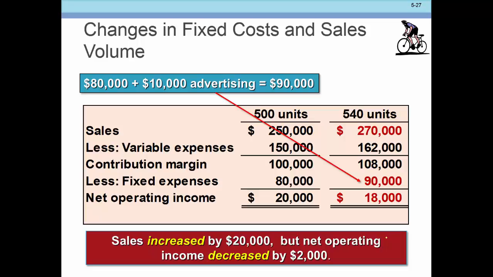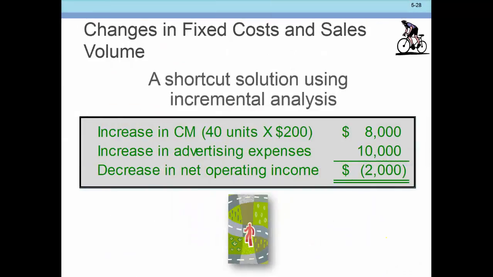Right? Now, you could do it this way, where you're saying, well, look, my contribution margin per unit is $200. I'm going to produce 40 more units, so I got $8,000 more coming in, and I'm going to increase my expenses by $10,000. That gives me the same no answer, doesn't it?